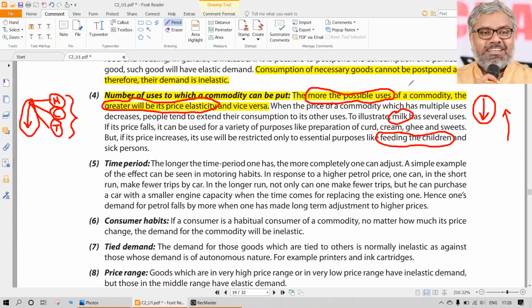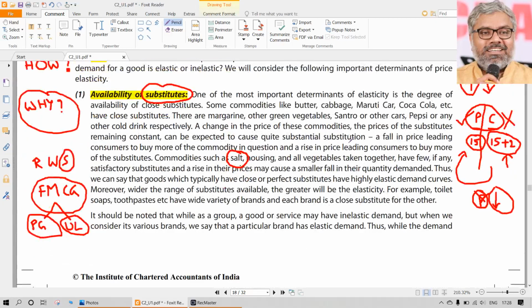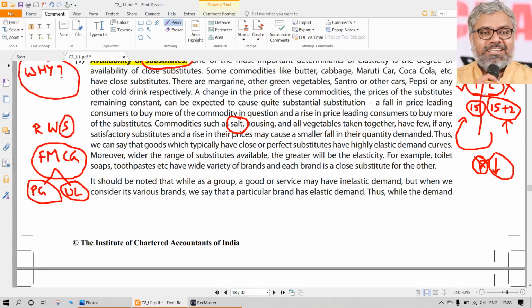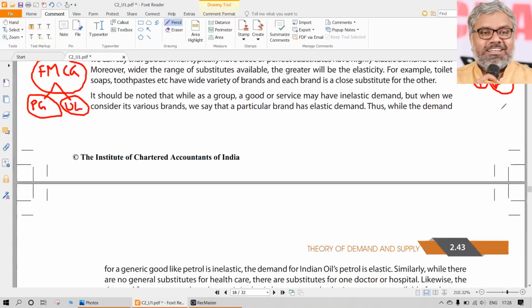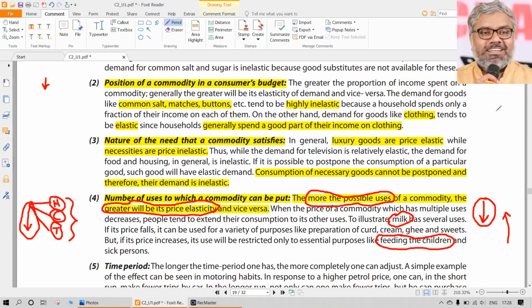Why is that happening? Everybody knows; there is nothing new in this. In society, we know very well how people behave. Take Pepsi and Coca-Cola, whose prices are very near to each other. Why is that? Because they are close substitutes.